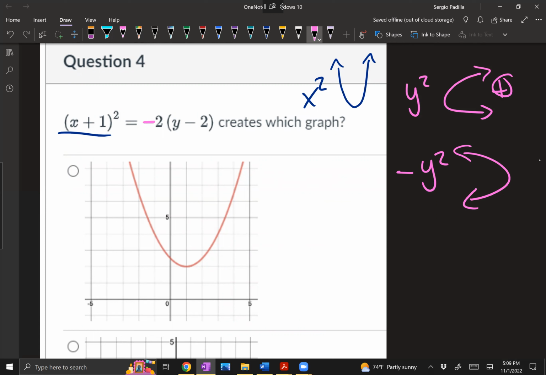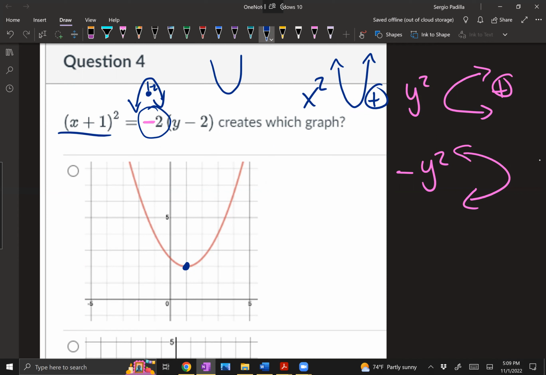Now, in this case, there would be a positive right in front of this. Remember that this is the distance between the vertex and the focus. In this case, it's telling us that the distance between the vertex and the focus is a negative, which means this is going to be going down this way. Our focus is somewhere down here, meaning it's -2, like this.